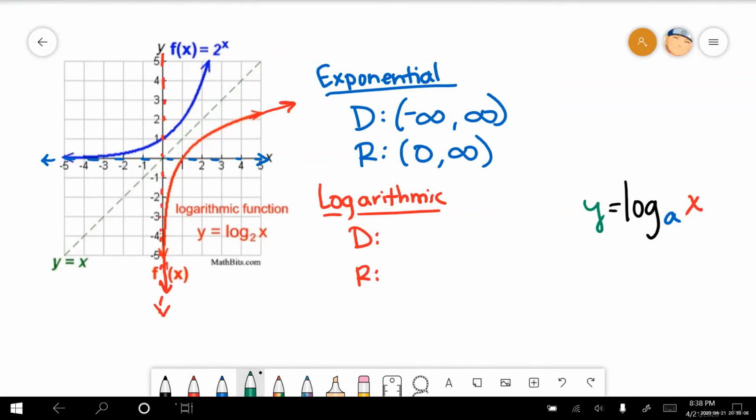So let's think about this in terms of numbers, and again, when I have all those letters, that means a to the y equals x. Again, that was just what we determined from the last part about inverses. So let's think about this.